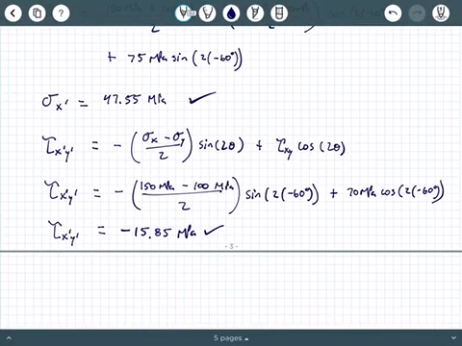And then I'm going to add that to this. So I get, sure enough, negative 15.85 megapascals, and I got the same thing, a little round off error there.